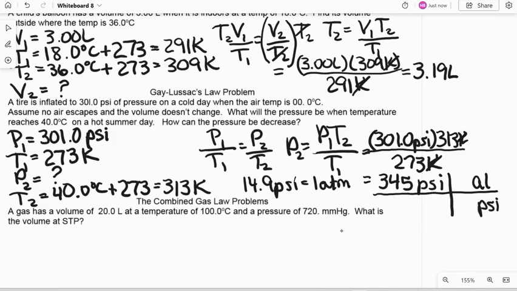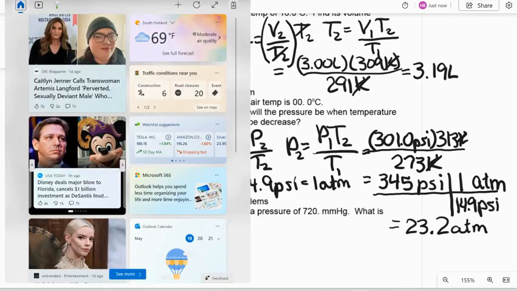What you want to change it to goes on the top. They stay with the numbers in the conversion factor, so atmospheres always gets a 1, and psi always gets a 14.9. So if I wanted to know what this was in atmospheres, it is 23.2 atm. Standard is 1 atmosphere, so that's a high pressure in a tire, which is exactly what we expect to see.